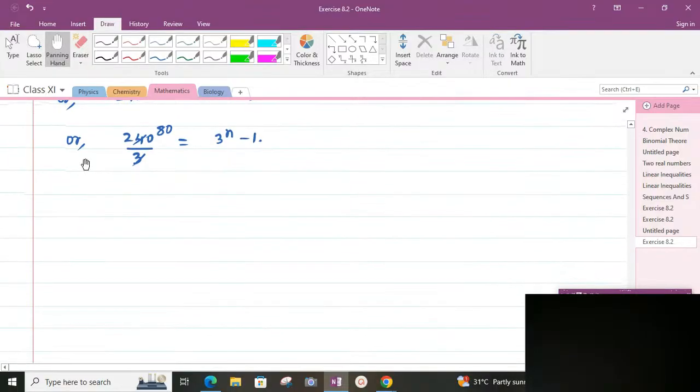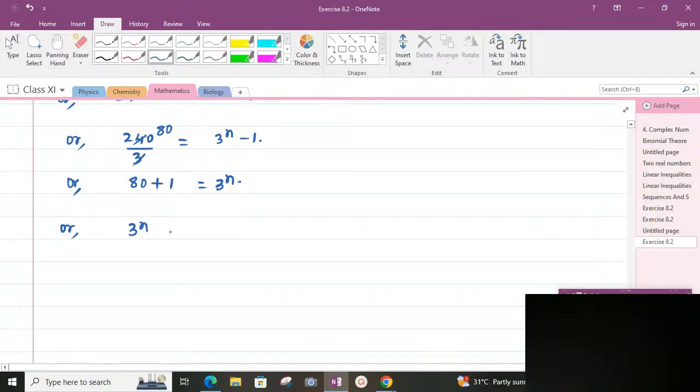So the next step here will be, when minus 1 moves to the left hand side, then it will be 80 plus 1 equal to 3 to the power n, or 3 to the power n equal to 81, or 3 to the power n equal to 3 to the power 4. 3 into 3 into 3 into 3 equal to 81.